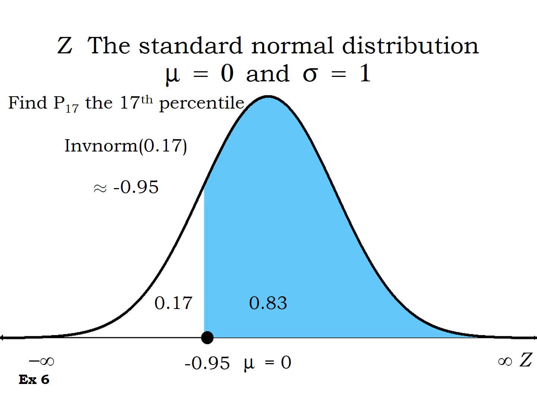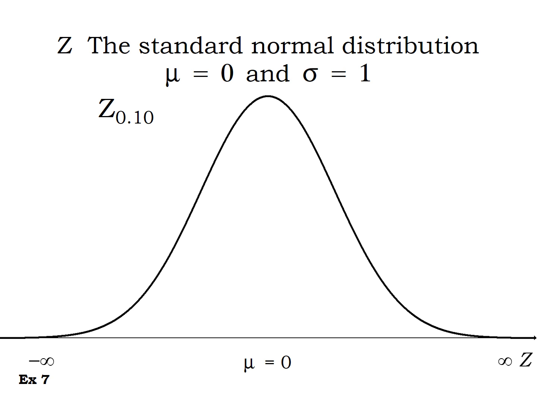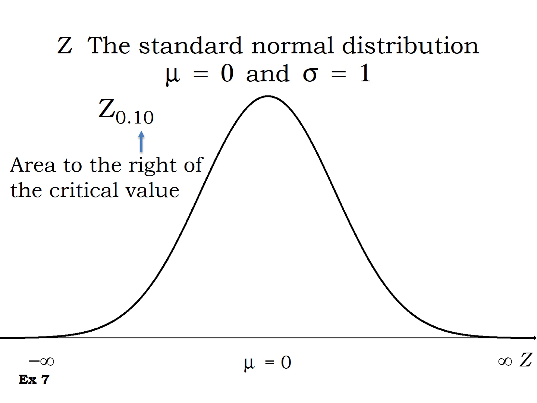Okay, so let's look at one final percentile, although it doesn't look like it's a percentile, but it is. So the author's notation here, he's using a z with a numerical subscript. By the definition of the way he's using things, this subscript is always the area to the right of your critical value.